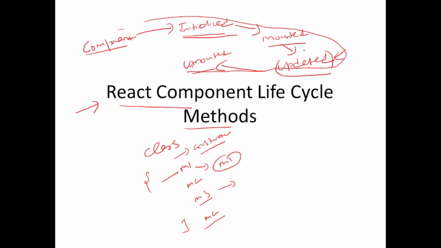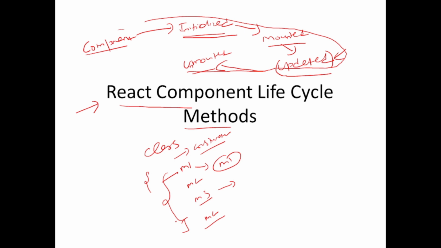When it is in the mounted phase, certain methods will run and take care of the activities in the mounted phase. Likewise, when the props or the state change, a decision will be made on whether the component should be updated or not, and methods will run. And in the unmounted phase, when you are unmounting a component from the DOM, certain methods will run finally. So these are called React component lifecycle methods.